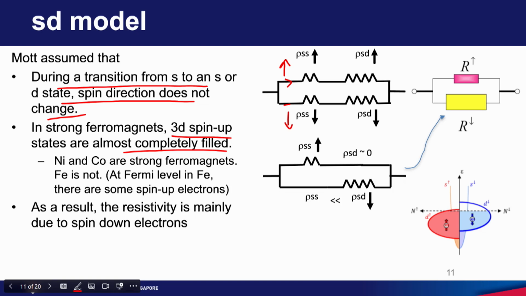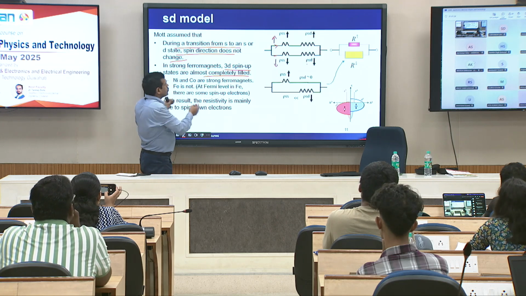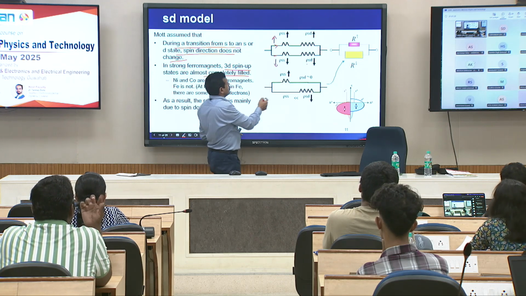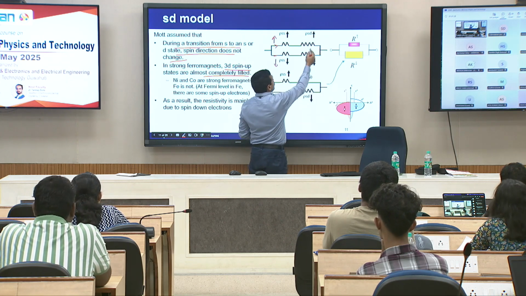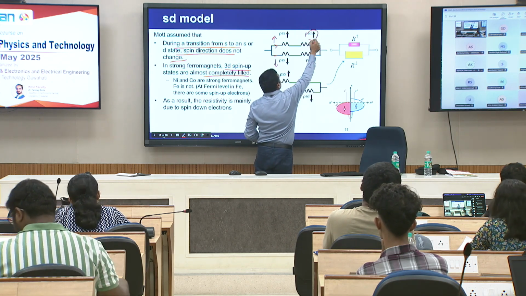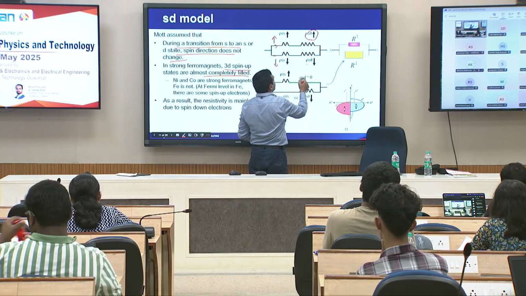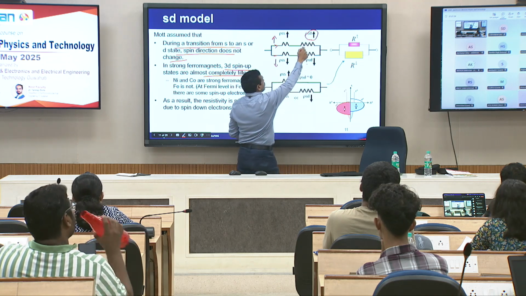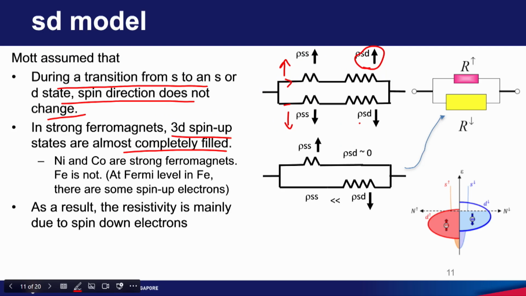The other one is s down gets scattered into s down or gets scattered into d down. But we just discussed that d up is completely filled or mostly filled. So, the probability of an s up electron getting scattered into d up is almost 0. So, we can remove this resistance.